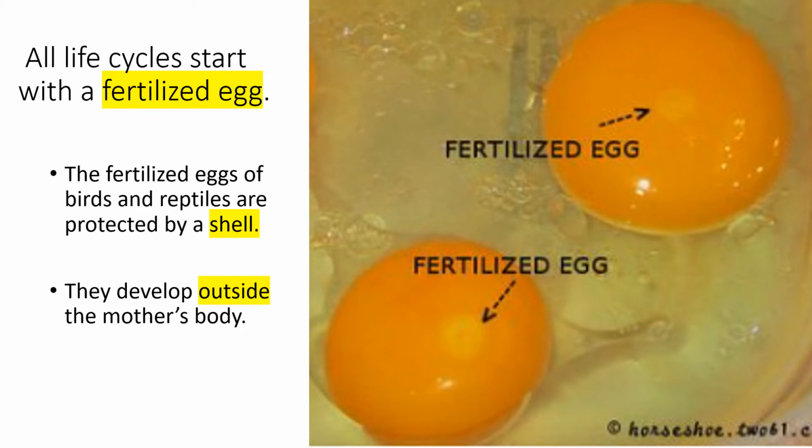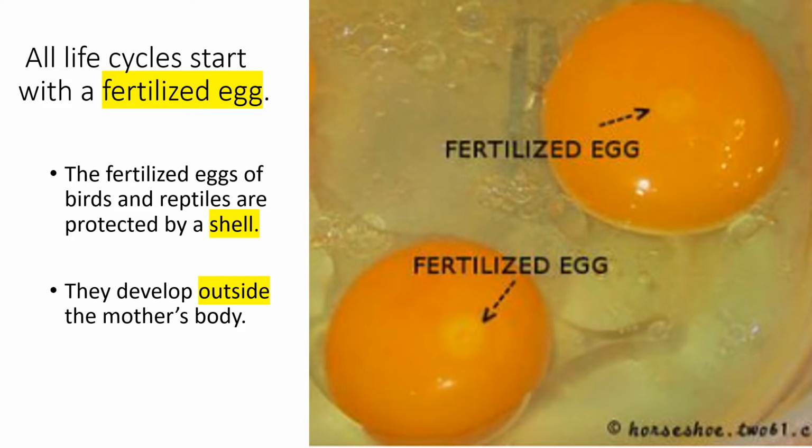And as we talked about in the beginning of the school year, all life cycles, especially for animals and plants as well, start from a special cell called the fertilized egg or the zygote. Okay? Now, the fertilized eggs of birds and reptiles are protected by a shell.